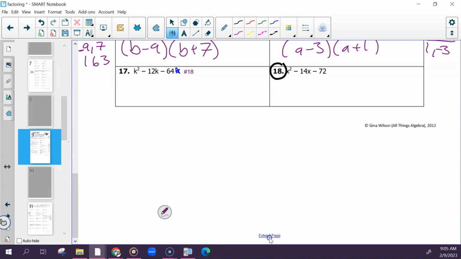Anyone think they know what the two numbers are?